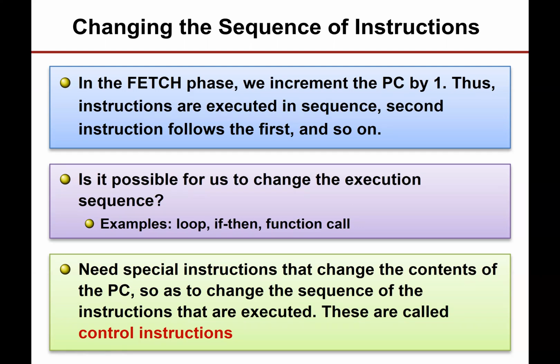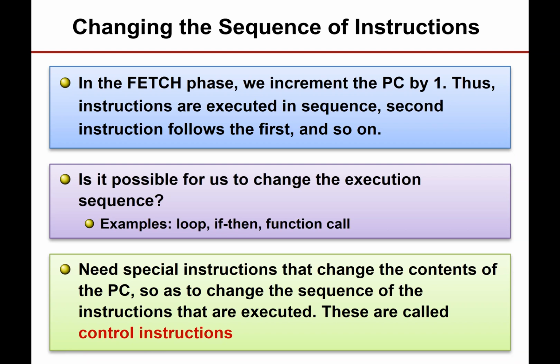In the fetch phase of executing an instruction, we always increment the PC by 1. Do you remember? This means the instructions are executed one by one, following the sequence.